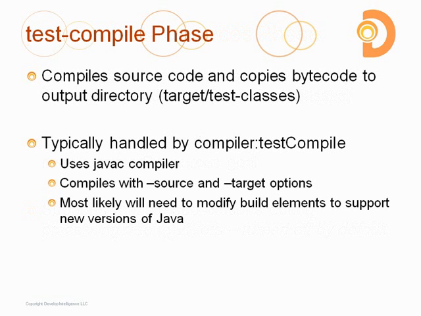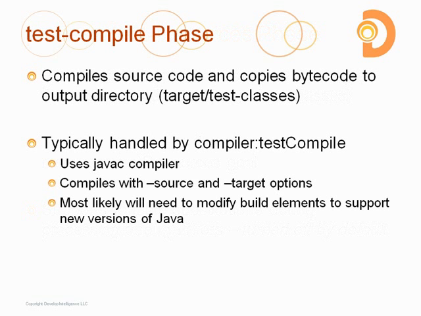One thing that's a little bit interesting to me, just general Kelby opinion, is that if I configure the compiler to use new source and target options, I also have to configure the compiler for my test phase.